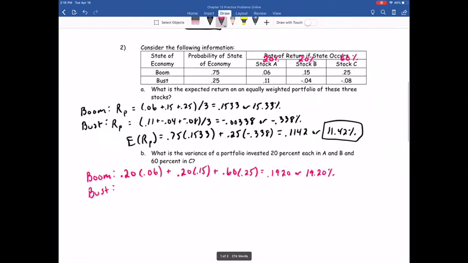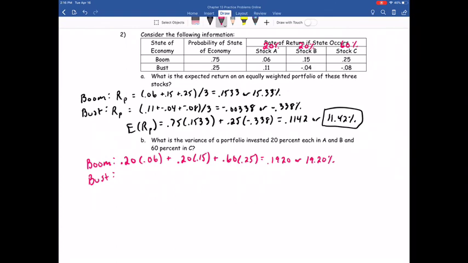We'll do the same thought process for the bust economy. Again, 20% of our portfolio is in stock A, and in a bust economy, stock A will generate an 11% return. In a bust economy, stock B will generate a negative 4% return. And then once again, 60% of our portfolio is in stock C, and in a bust economy stock C would generate a negative 8% return.